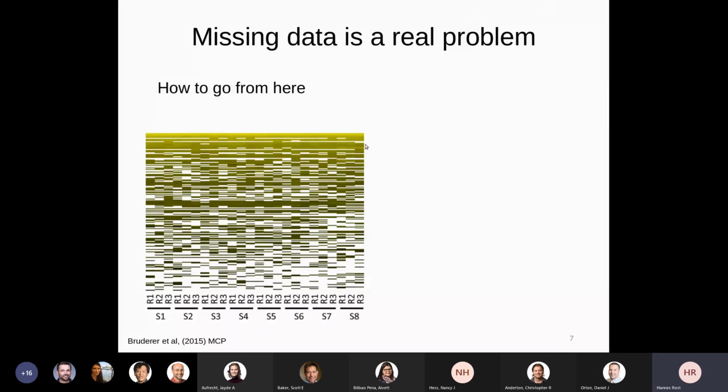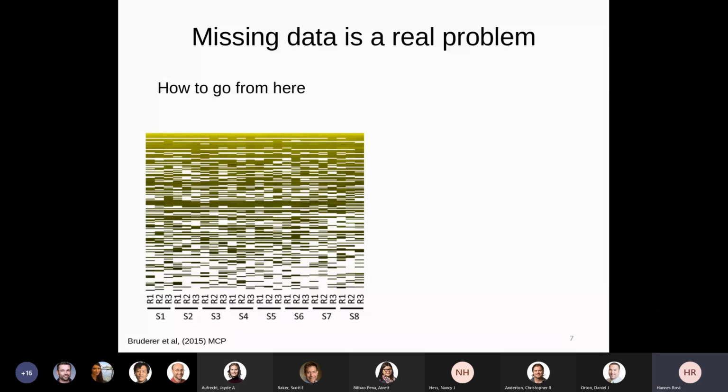And then in the rows, you see individual proteins that were quantified. And one of the first things that you will notice is that the matrix is very sparse. So there are a lot of proteins we can quantify with current methods, but the quantitative data matrix is relatively sparse.